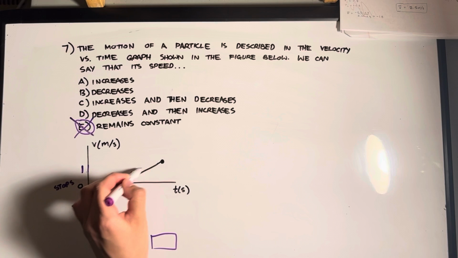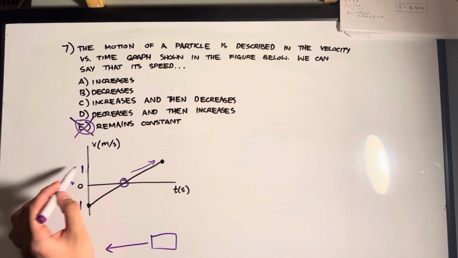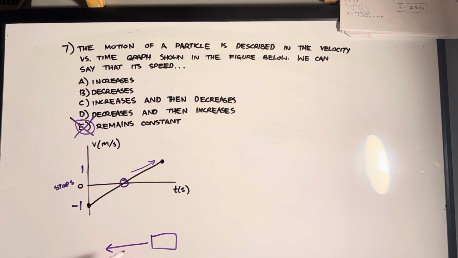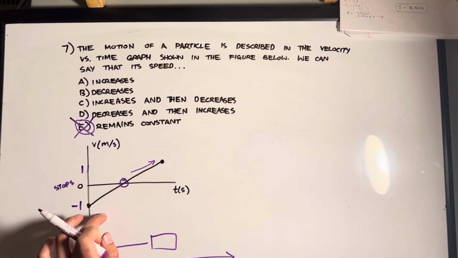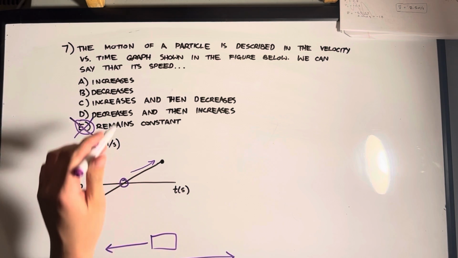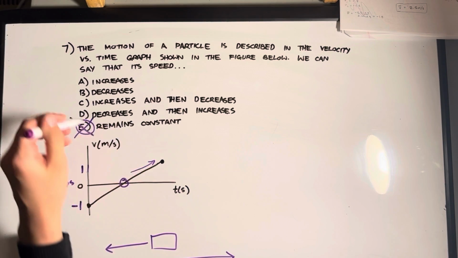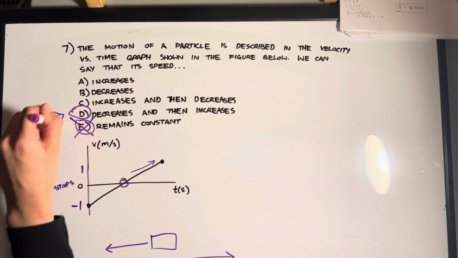And then over here, it continues upwards towards the positive values, meaning that after it has accelerated backwards, it does that but forwards, meaning that first the velocity or speed decreases and then increases. So the answer would be D.